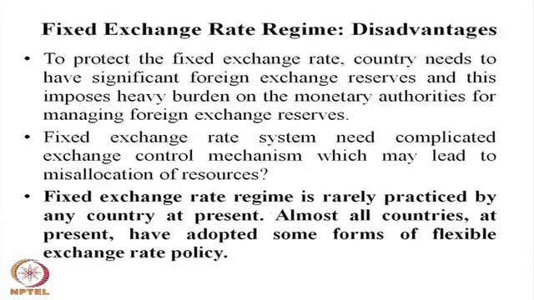To protect the fixed exchange rate, a country needs to have a significant foreign exchange reserve, and this imposes a heavy burden on the monetary authority for managing the exchange rate reserve. To protect the targeted exchange rate, the central bank needs to interfere in the foreign currency market every moment, because the foreign currency market is a highly liquid market, and in every moment there is appreciation and depreciation of the domestic currency.